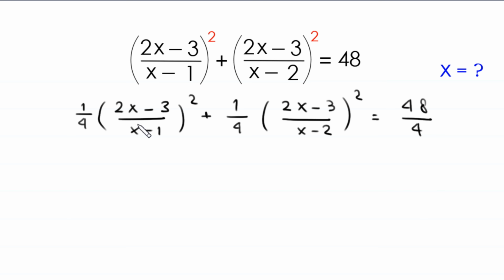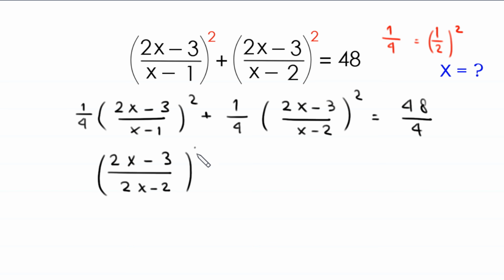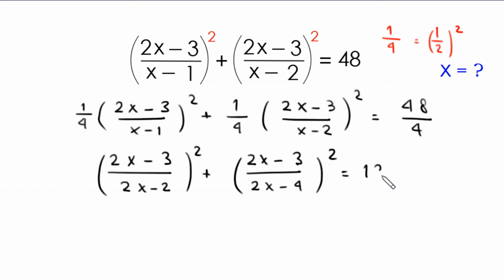Now this 1/4 is the same as (1/2) whole squared. So this will become ((2x-3)/(2x-2)) whole squared plus ((2x-3)/(2x-4)) whole squared equal to 12.